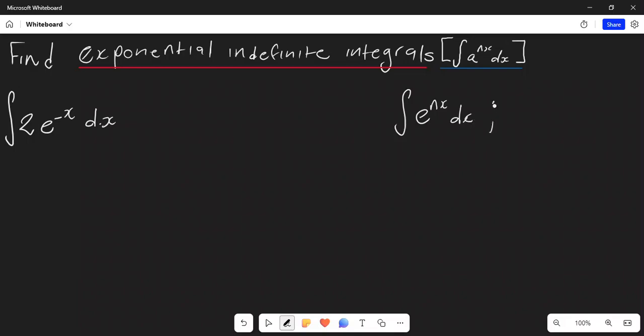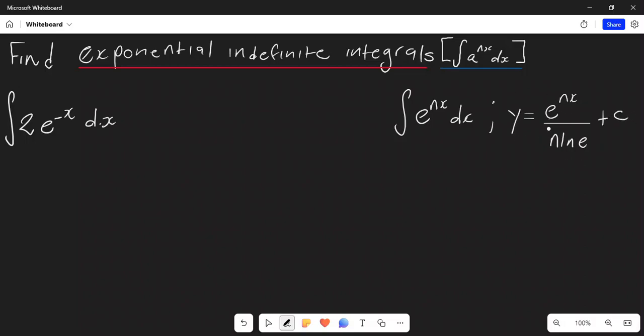All right, so the formula goes like this: y is equal to e to the power of nx divided by n multiplied by natural log e, plus c.